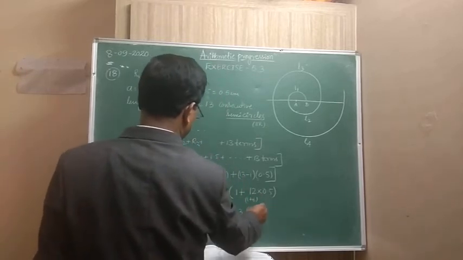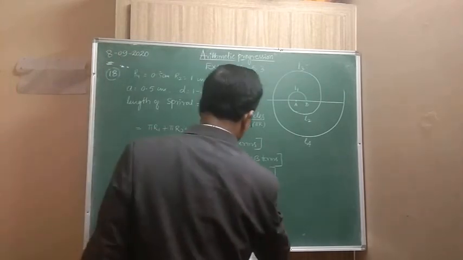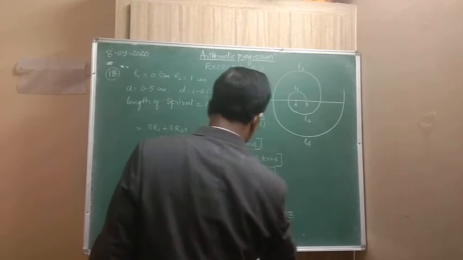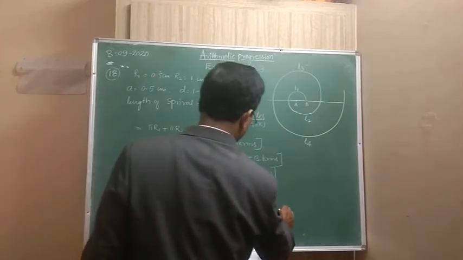So 7 gets cancelled. 2 ones are 2, 11 threes are 33, carry 3, 11 ones are 11 plus 3 is 14.